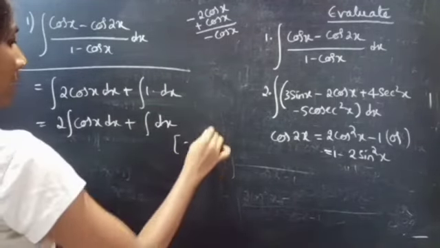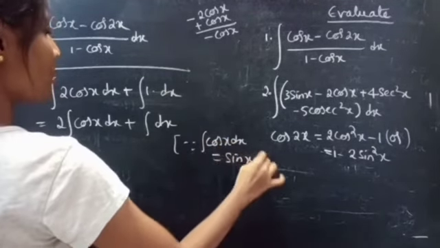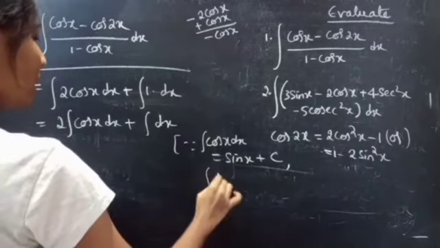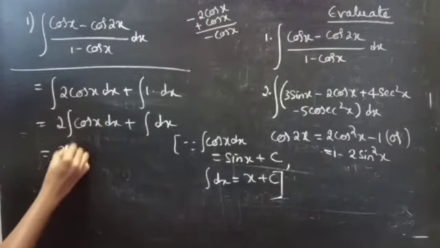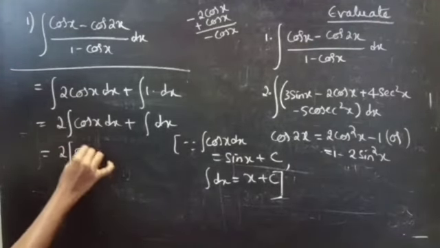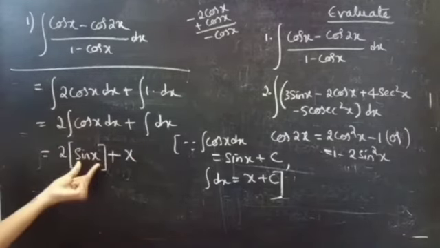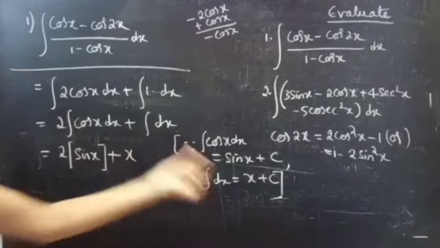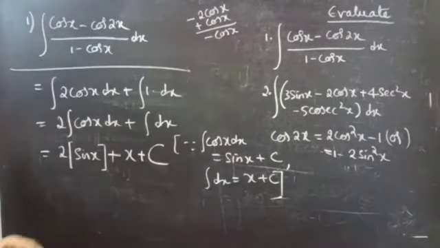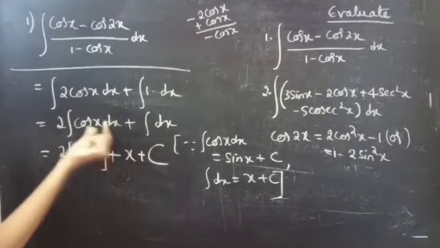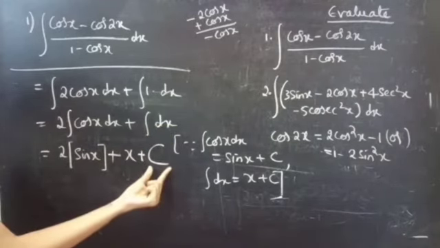Since we know that integral cos x dx equals sin x plus integral constant c, and integral dx equals x plus integral constant c, now we are going to apply this formula. You'll get 2 sin x plus, integral cos x is sin x, plus integral dx is x, plus integral constant c. Instead of writing an integral constant for each integral, we can write simply one constant at last.